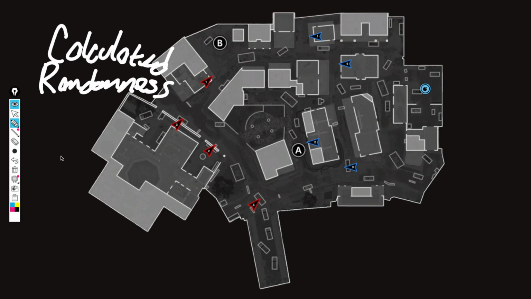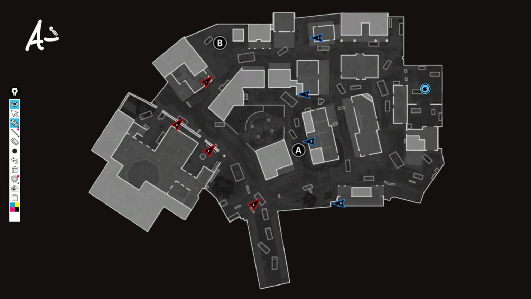It can be pretty good too in last round on round 11, but it really just depends how the rest of the game has gone, right? If you think that they're going to predict you playing slow, then that's probably not the best idea. If you think they're going to predict that you're going to hard hit sites because you've been doing it all game, then that may not be the best idea. You really just have to figure out when it's going to be best used to randomly put it in. I'm going to show you an example for a spread on A and B.